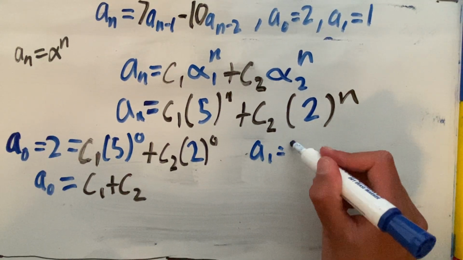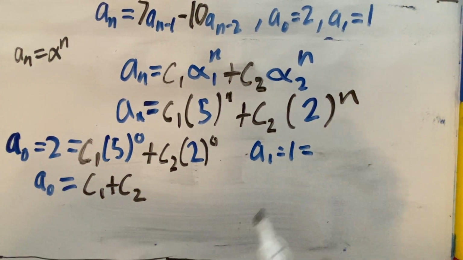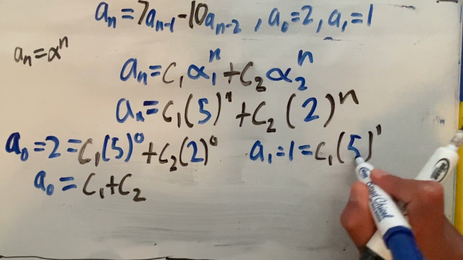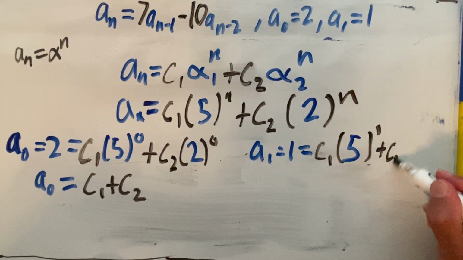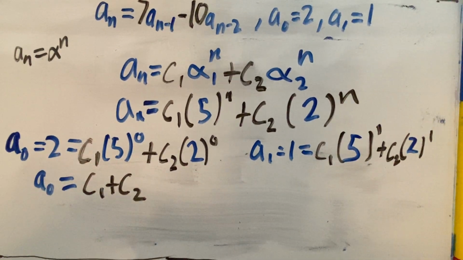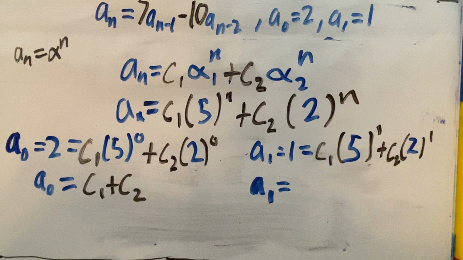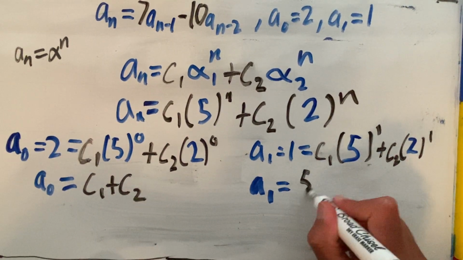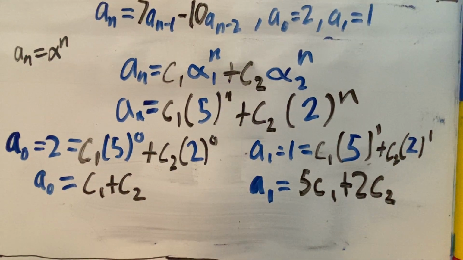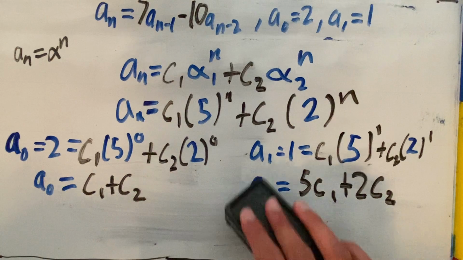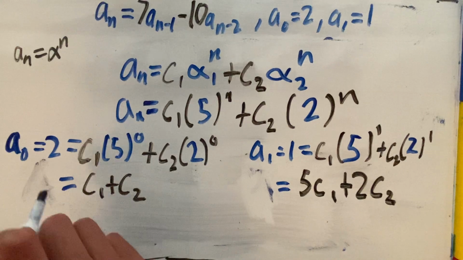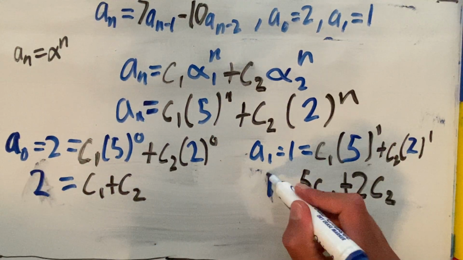And a sub 1 equals 1, which equals c1 times 5 to the first power plus c2 times 2 to the first power, and that's 5c1 plus 2c2. Sorry, I shouldn't have kept it as a1 and a0. This is a0 equals 2 and a1 equals 1.